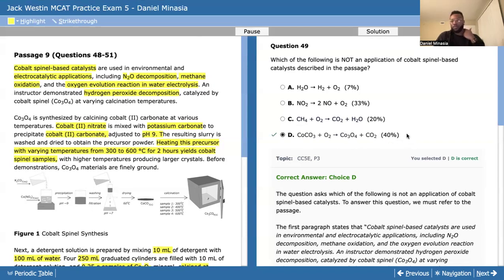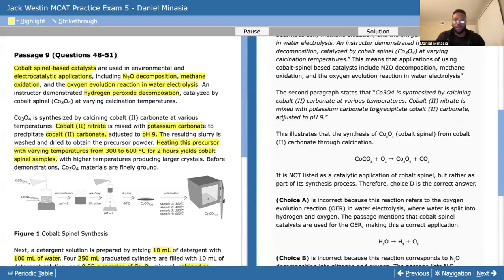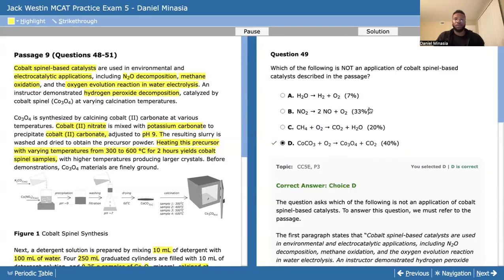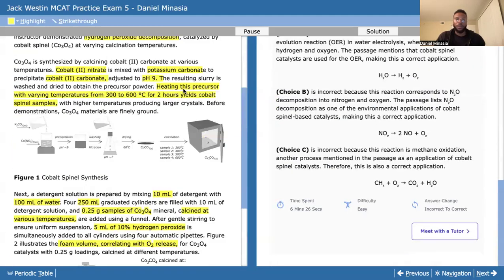So this is a pretty straightforward question. You can literally eliminate the other options by just looking at the passage, and we already highlighted them. So pretty straightforward in my opinion. But again, if it didn't seem that simple, if you're still having confusion, feel free to reach out, and we'll be able to help you. Okay. All right. Moving on.